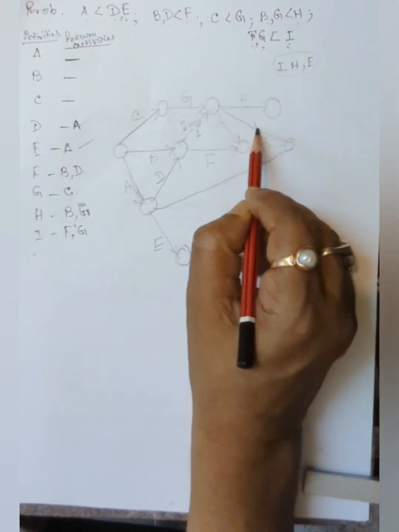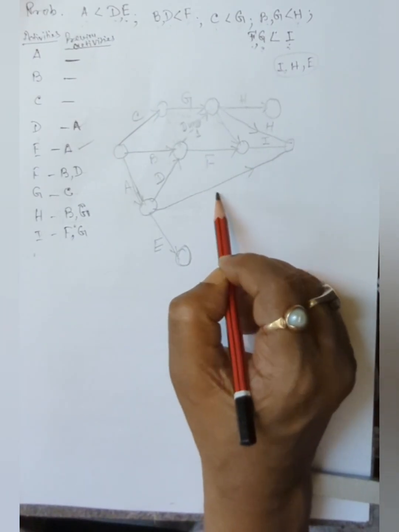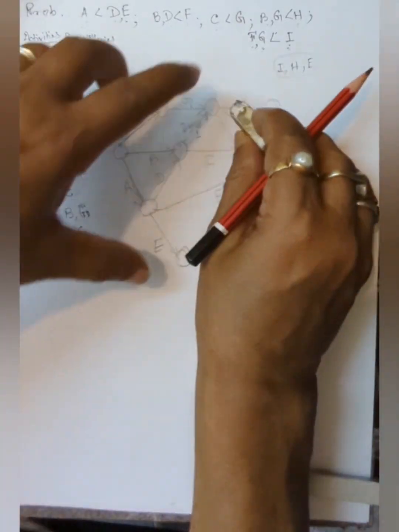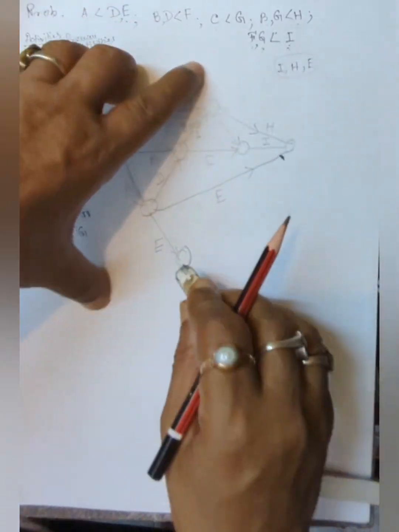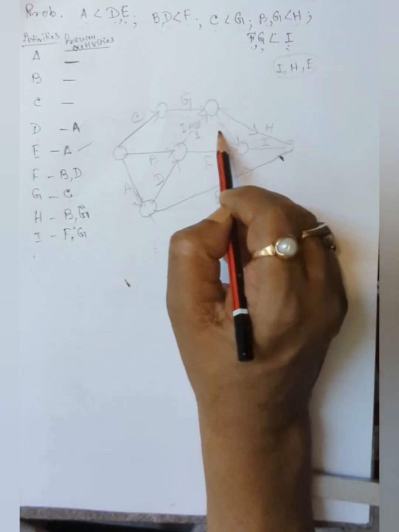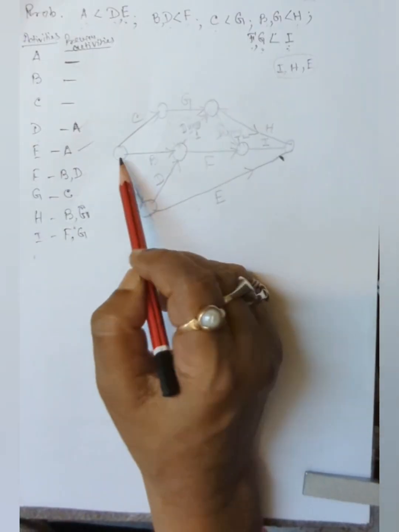This is H, and as these are the terminal activities, you merge them to a point and erase this, and it will help you to finalize it. You erase this. I think this has completed. This is dummy 2.